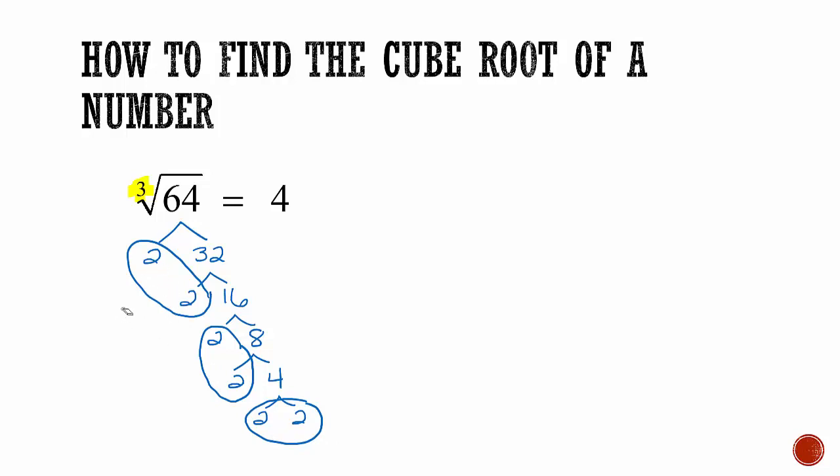So really 2 times 2 is 4, 2 times 2 is 4, and 2 times 2 is 4. So really what we have is 4 times 4 times 4, so we're looking for 3 of the same number, and we have 3 4s here, so the cube root of 64 can be written as just 4.